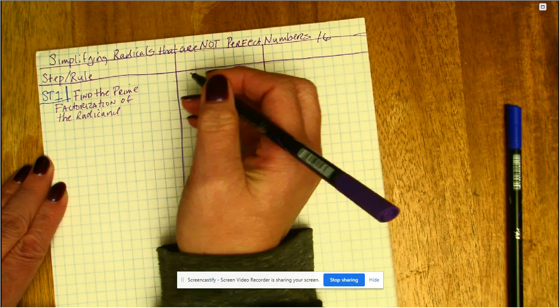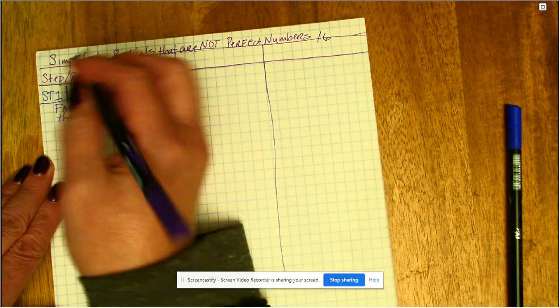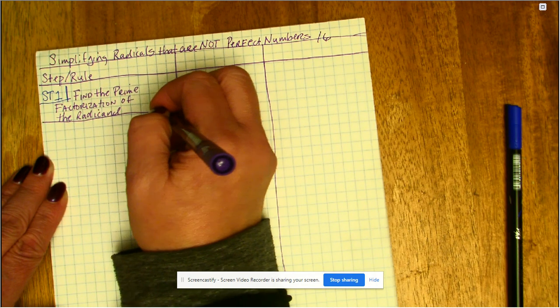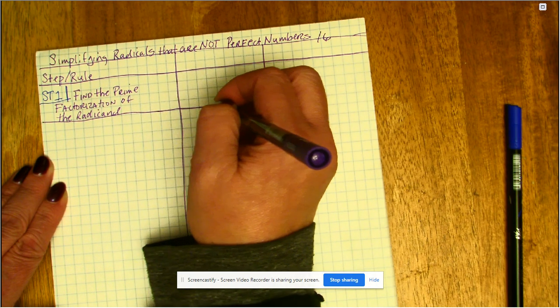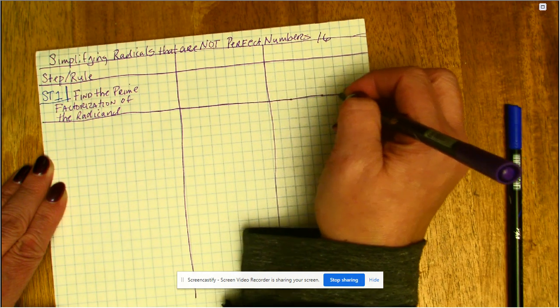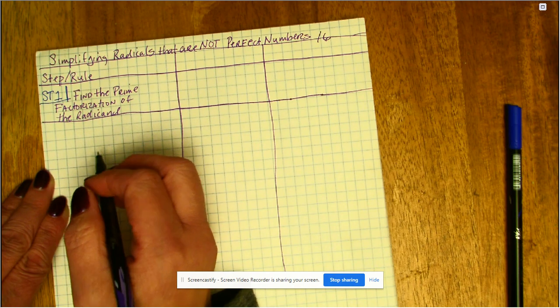And you should remember that the radicand is what is underneath your radical sign. Prime factorization is breaking that down so that we have all primes, and that when we find the product of those prime numbers, it gives us the value of the radicand.